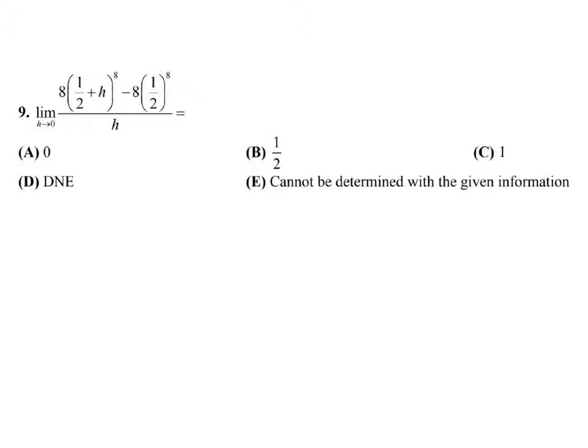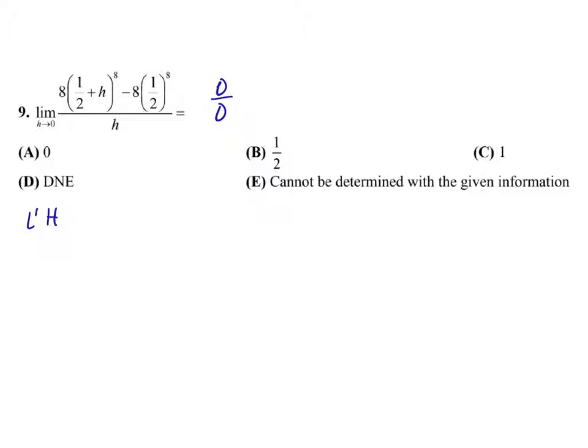Okay, so for number 9, again, we could do L'Hopital's rule if we wanted to. Nothing wrong with that at all. It's strange looking, definitely, but we could give it a go, or we could try to figure out what our function was. Let's do L'Hopital's rule just for grins. And it looks like if we substitute in 0, we are going to get 0 over 0.